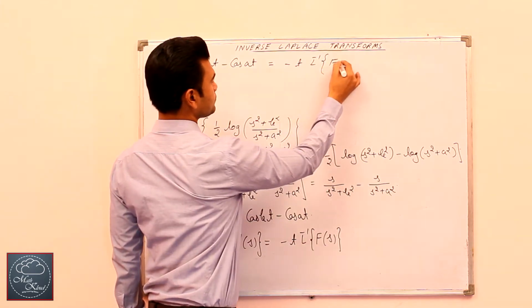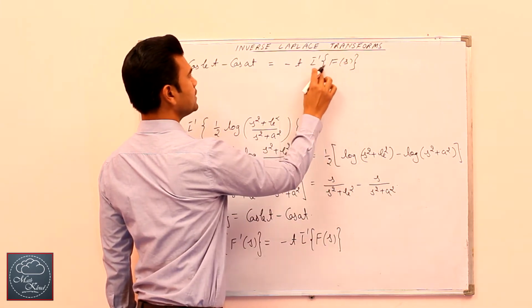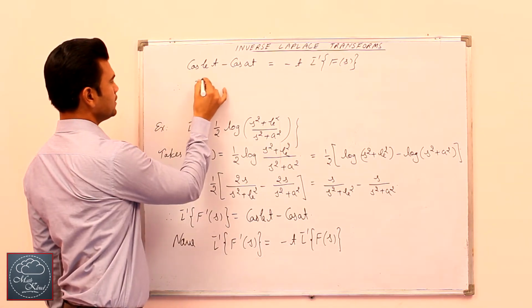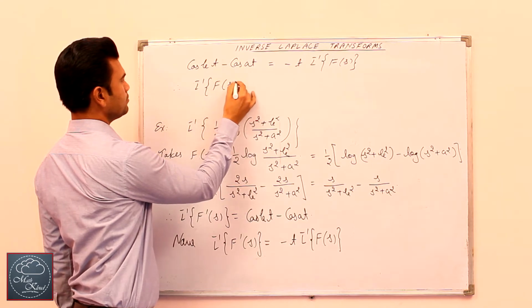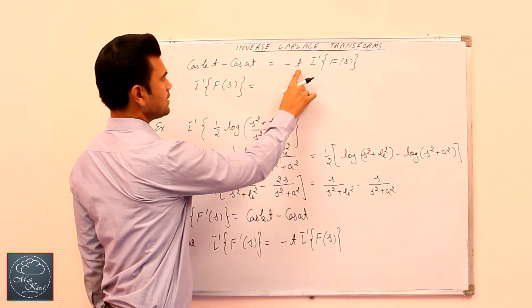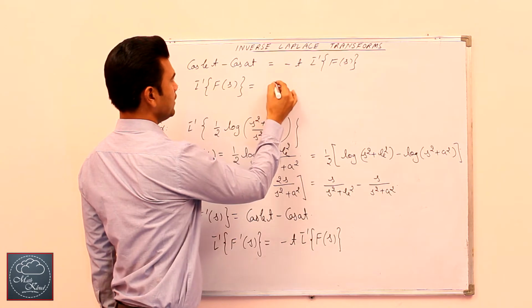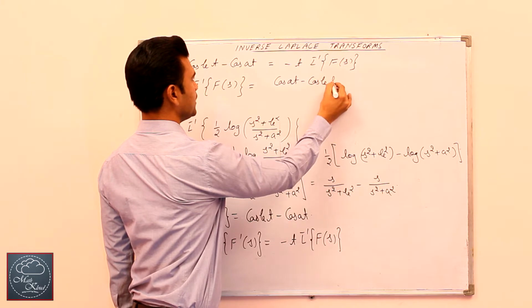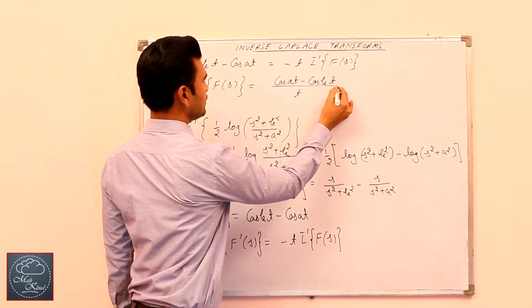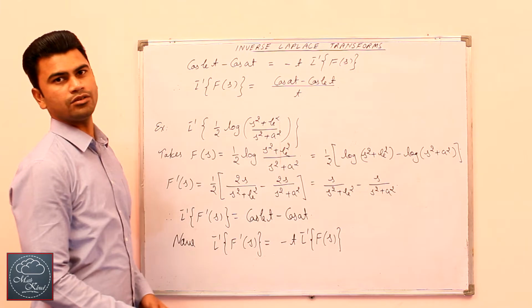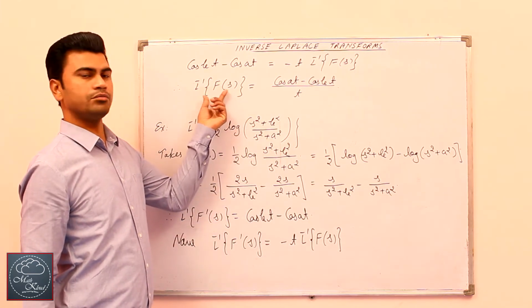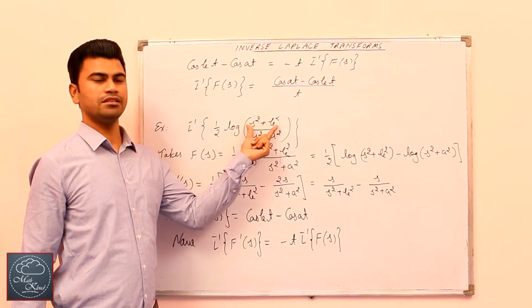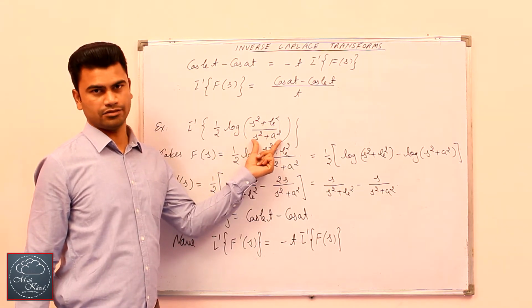So from here you get the inverse Laplace transform of F(s). Just take t to the other side and adjusting the negative sign, it becomes (cos of at minus cos of bt) over t. So this is the required inverse Laplace transform of the function 1/2 log of (s square plus b square) over (s square plus a square).